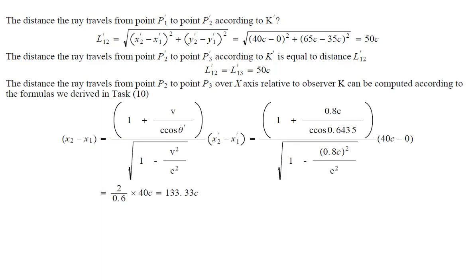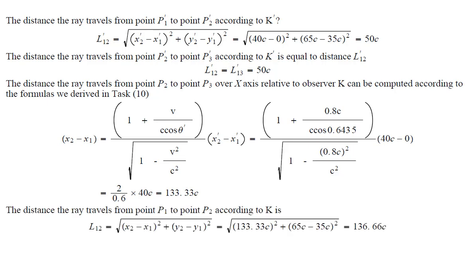The distance the ray travels from point P1 to point P2 over the x-axis relative to observer k can be computed according to the formulas we derived in Task 10. We apply the formula and find x2 minus x1 equals 133.33 c meters.